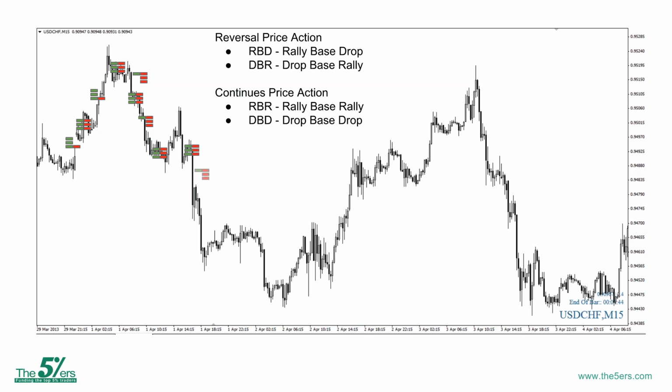Every impulsive move and every base is an order flow statement. Okay, so we have a base, and we have an equivalent amount of buyers and sellers, and then price drops, it means we have more sellers, and then price bases again, we have another balanced situation, and then price drops, we have more sellers than buyers, right?